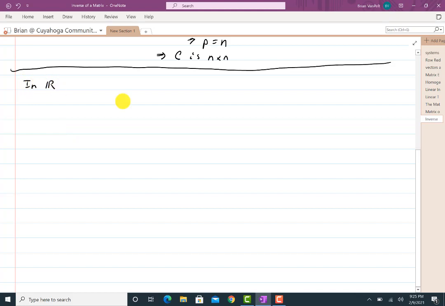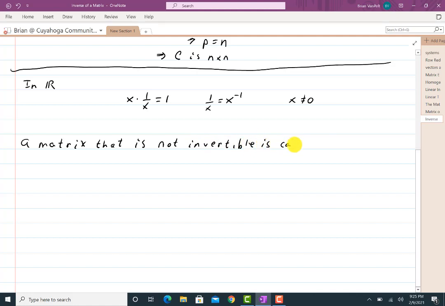In the real numbers, we often will write something like this, and then we'll say that 1 over x equals the multiplicative inverse of x. Of course, x cannot equal 0. You cannot divide by that. A matrix that is not invertible is called singular.